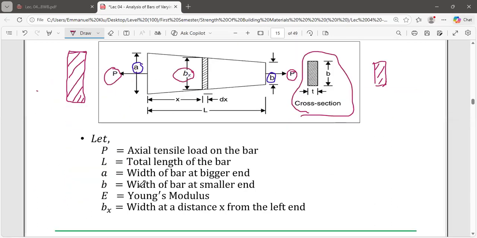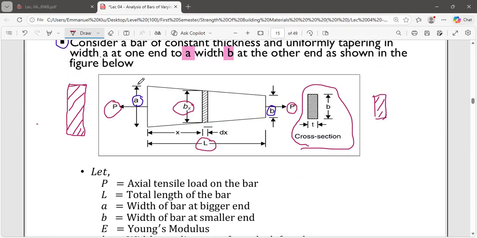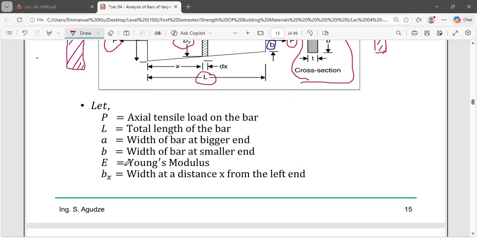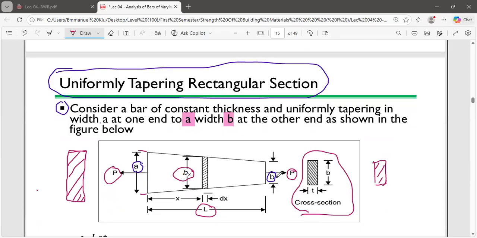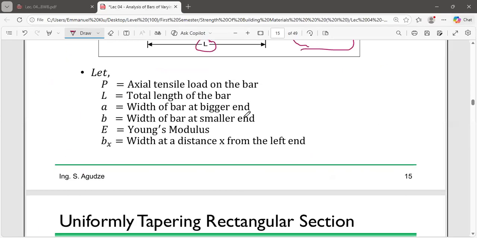Take note that P is the axial tensile load on the bar. L is the total length of the bar. A is the width of the bar at the bigger end, this is it over here. And B is the width of the bar at the smaller end, this is it over here.